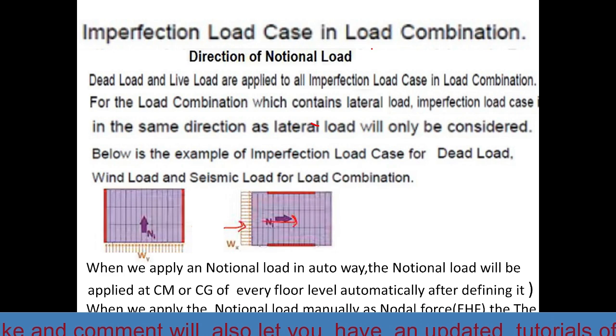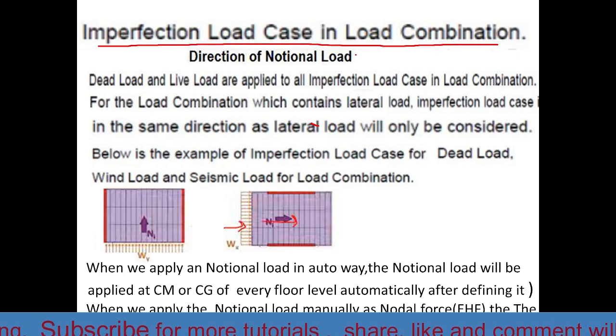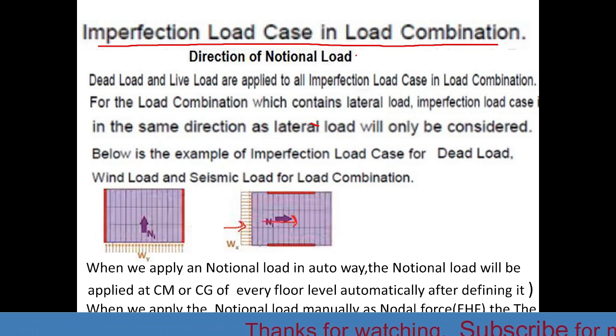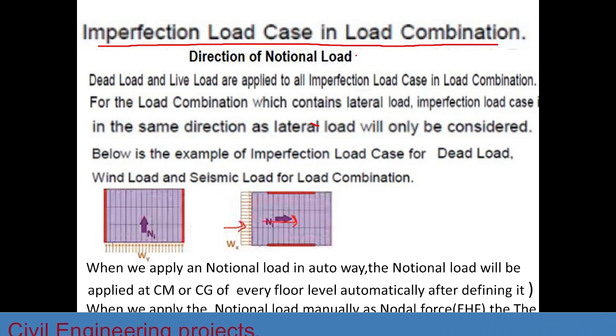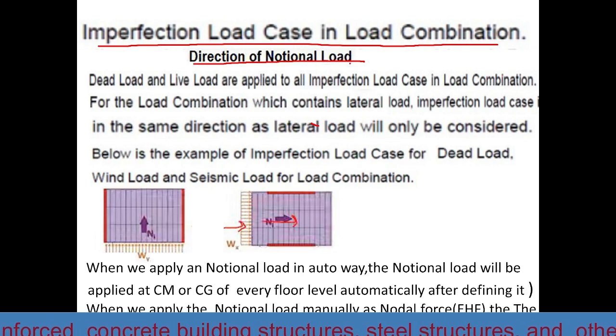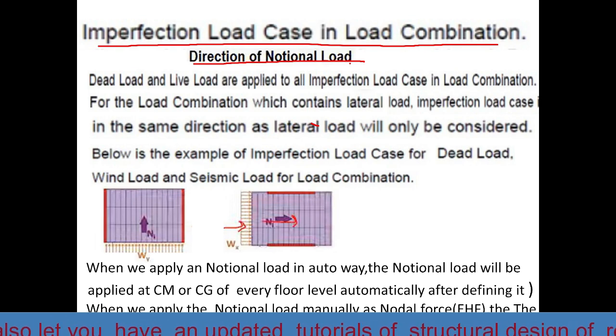So, imperfection load case in load combination. We need to take care while we are combining the imperfection load with the gravity and the lateral load. So the direction of the notional load: how can we apply the notional load in our structure?